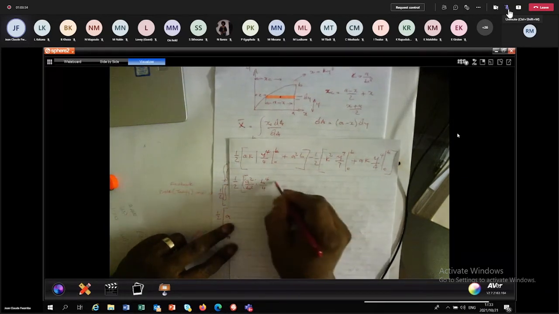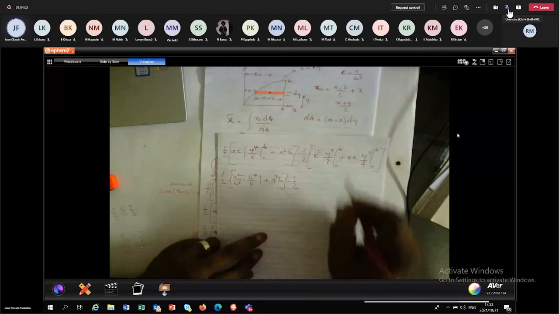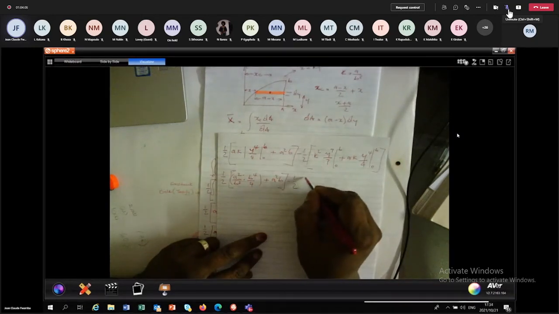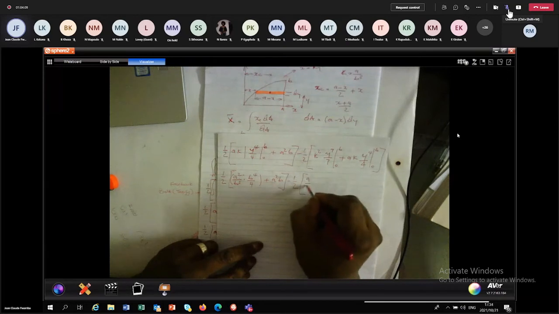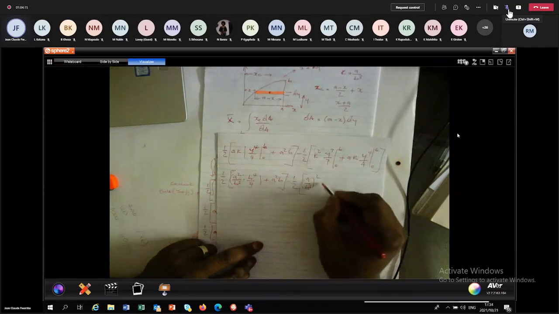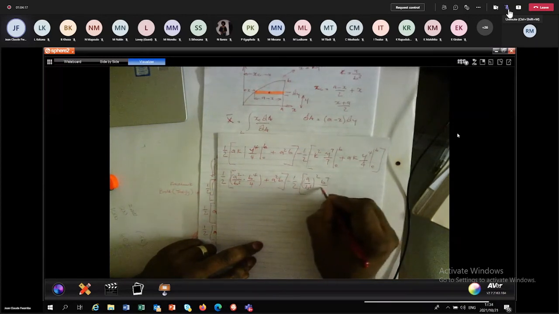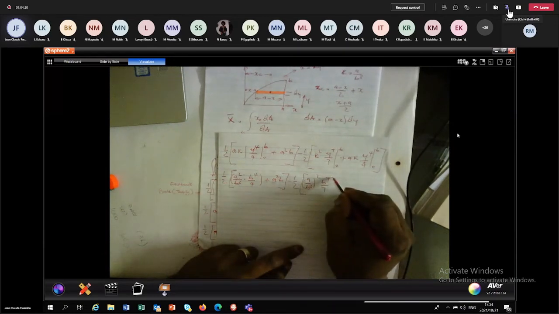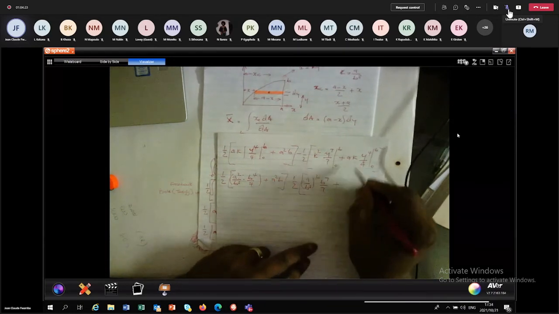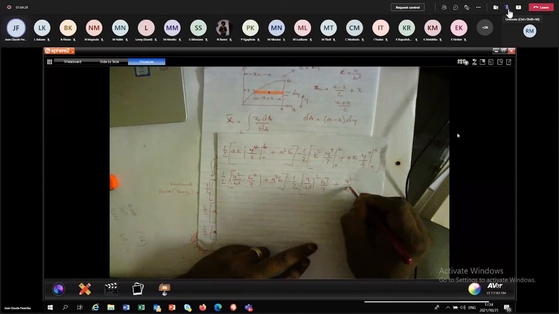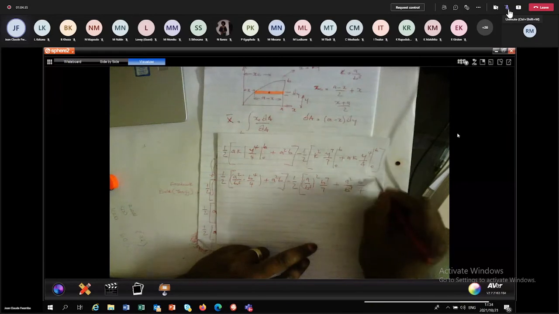Let me put this in the bracket, plus a b into a over b cubed, which is k, which I need to square, times b to the power 7 over 7, plus a squared over b cubed, b to the power 4 over 4, right?